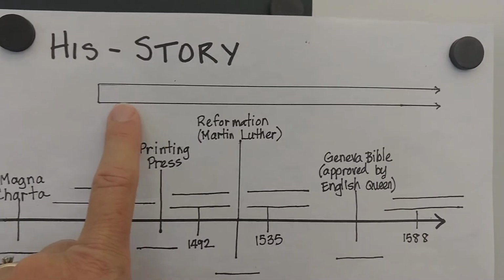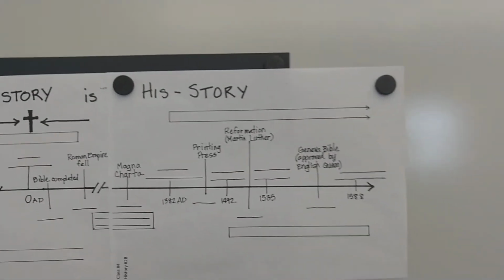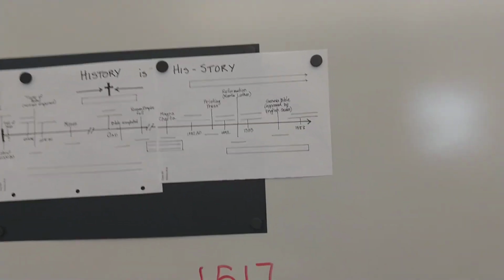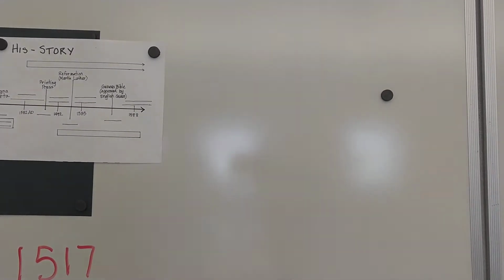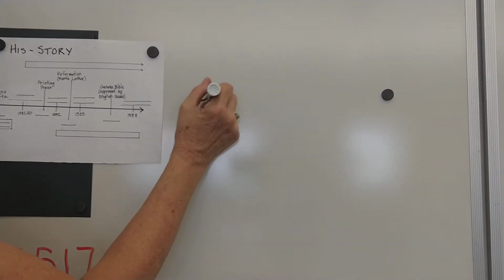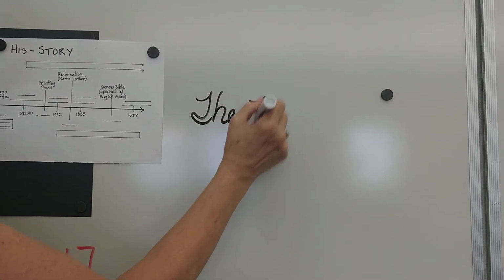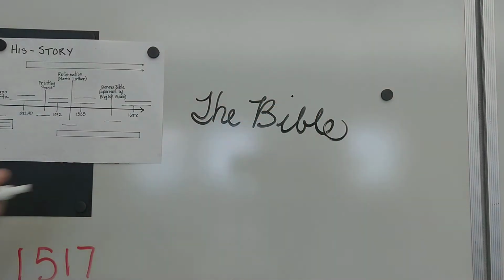So in this box up here, we're going to write something very, very important. Let me back off here so I can get some whiteboard space. You're going to put in that box that has the 2 arrows at the end of it, the Bible in the hands of the people. You can print this, you don't have to write it in cursive.